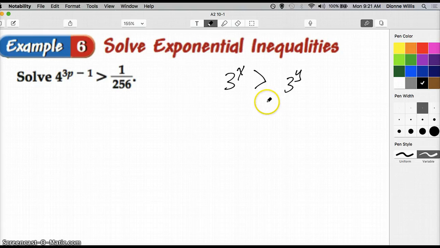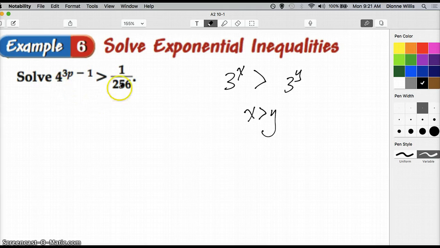So we're looking at b's that are greater than 1. As long as we have b greater than 1 as we do here, then 3 to this power being greater than 3 to this power implies that x has to be greater than y. And so with that, we're going to apply that to this last example in section 10.1.